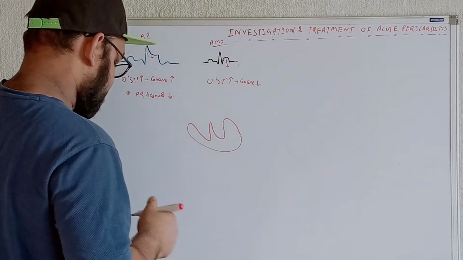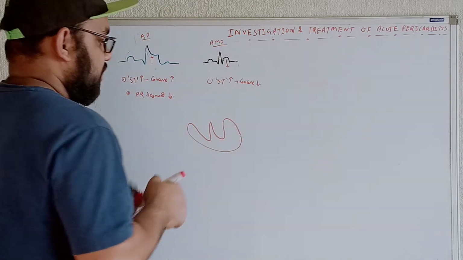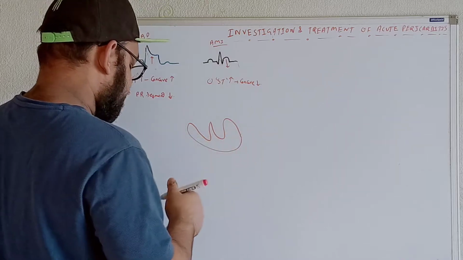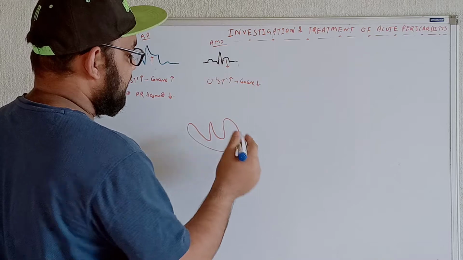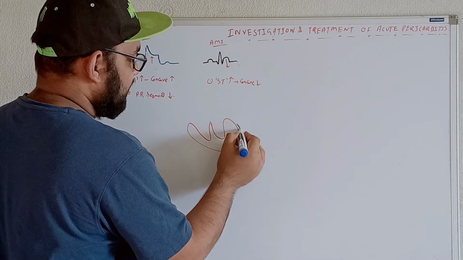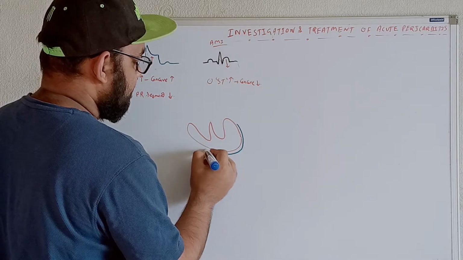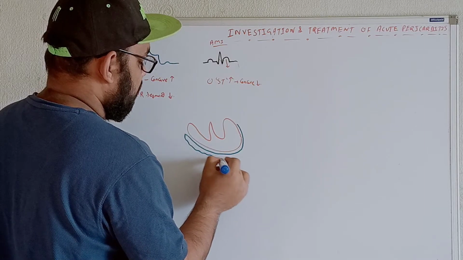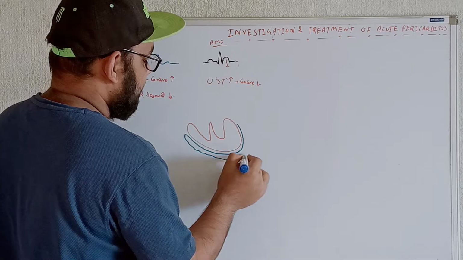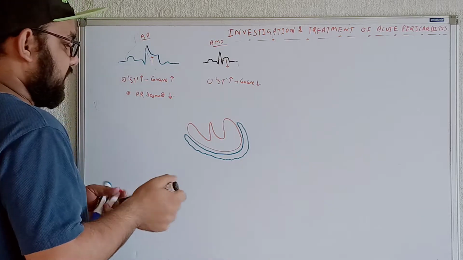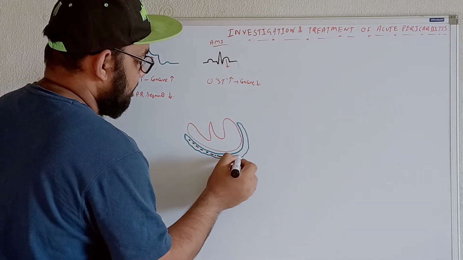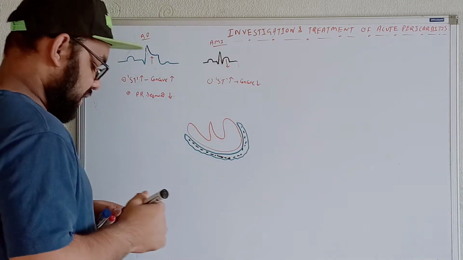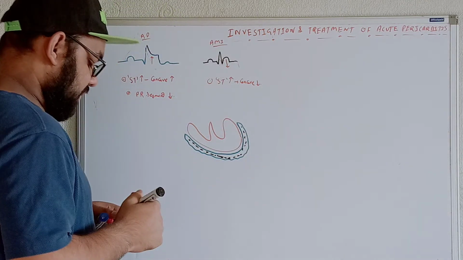Whenever we talk about pericardial effusion and acute pericarditis, at that time we said that we will get diffuse pericardial inflammation.